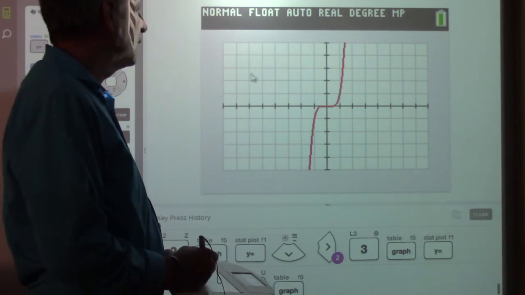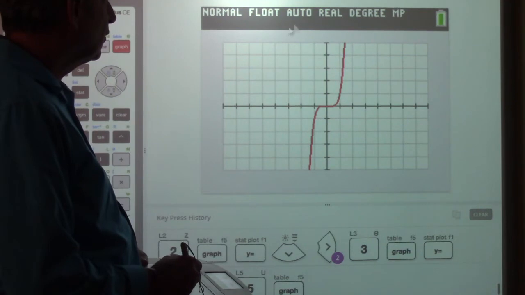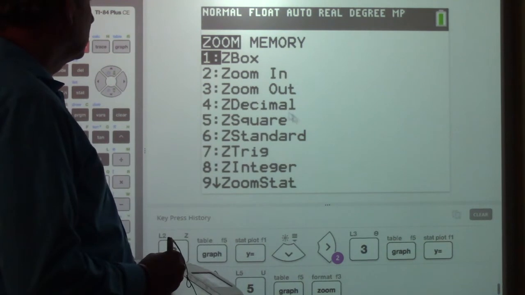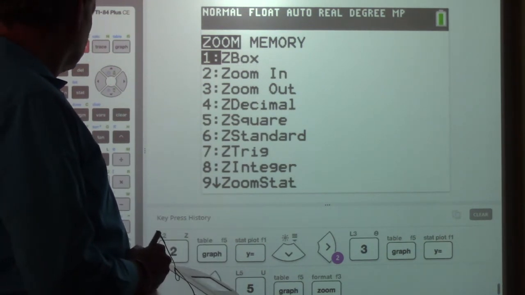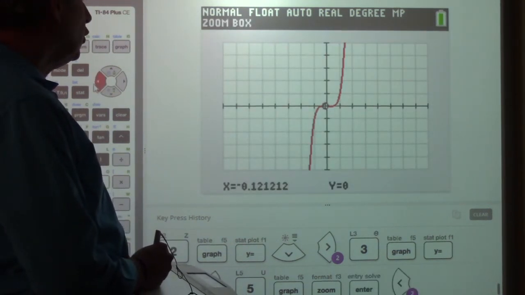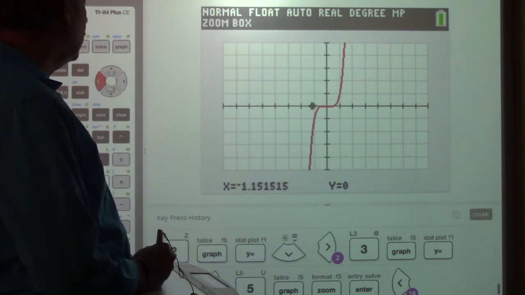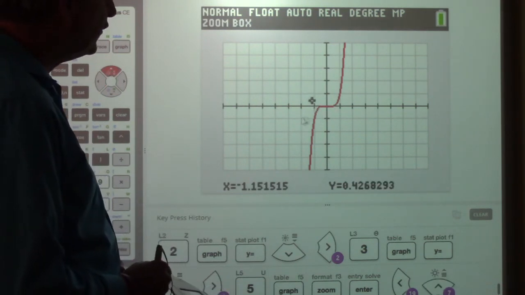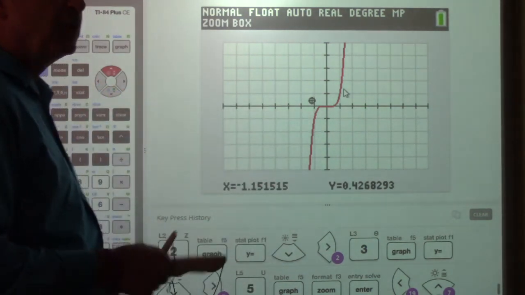So, what I'm going to do is go to Zoombox. Anybody ever use Zoombox? With Zoombox, you move your cursor and establish the boundaries of the box. So right here, I'm going to press enter. I'm going to establish this corner of the box right here.